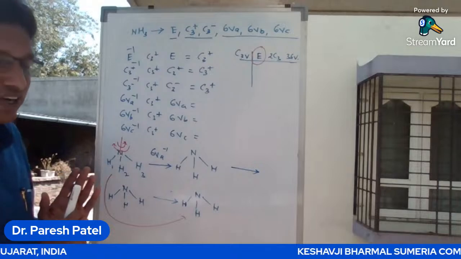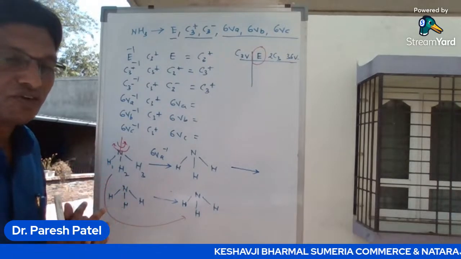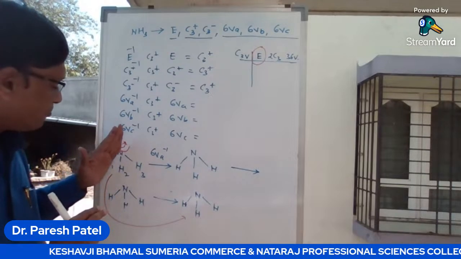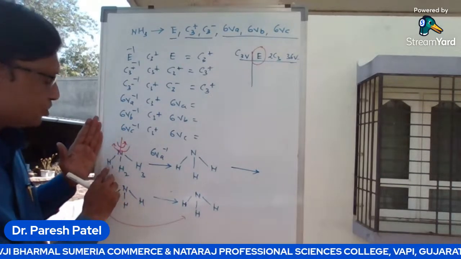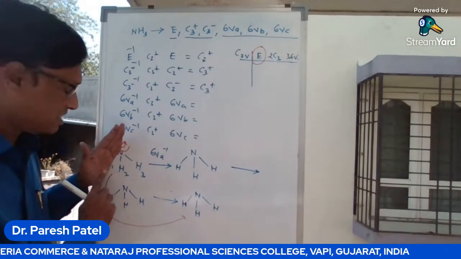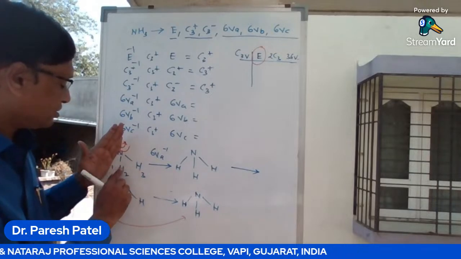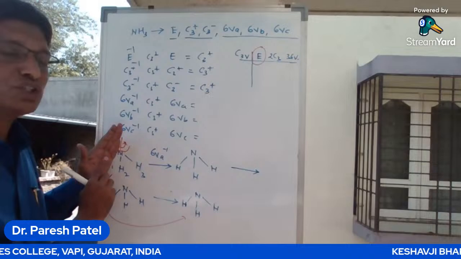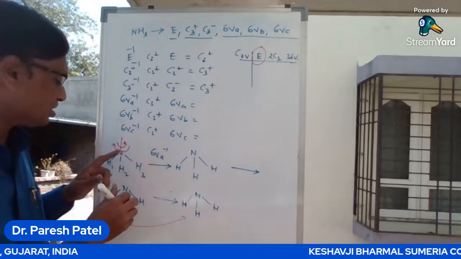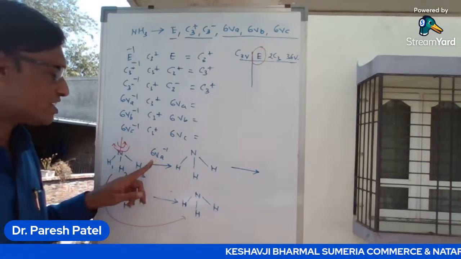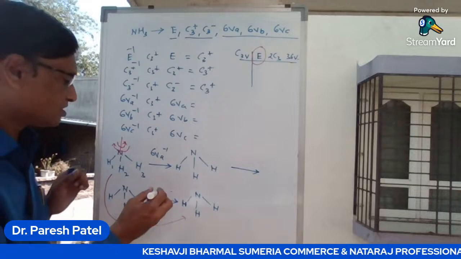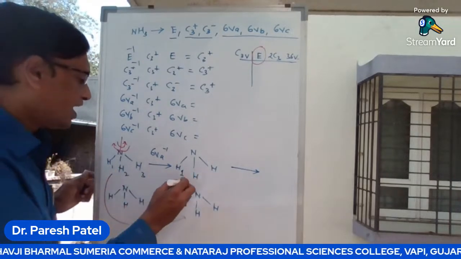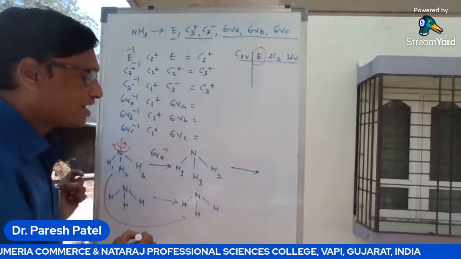We know that the shape of the ammonia molecule is pyramidal. If we take sigma Va, the position of hydrogen 1 remains as it is, and the positions of hydrogen 2 and 3 are interchanged. Similarly, for sigma Va inverse the answer will be the same: the position of hydrogen 1 remains unchanged, and 3 and 2 are interchanged.